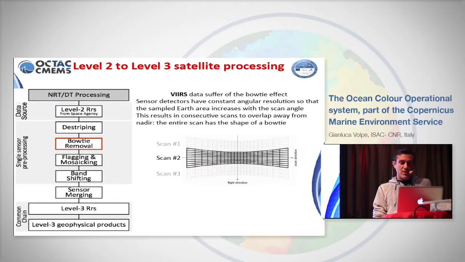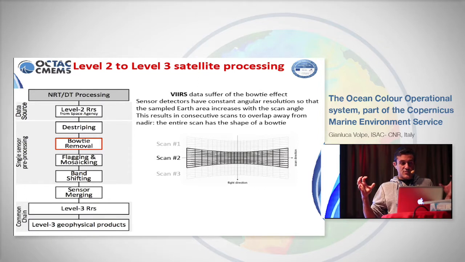Another problem, only about VIIRS data, is simply given by the very large field of view of the sensor. The sensor detectors have a constant angular resolution, so that the sample area increases off nadir.